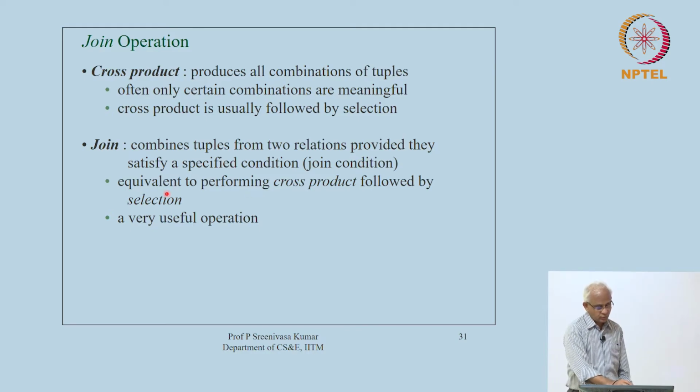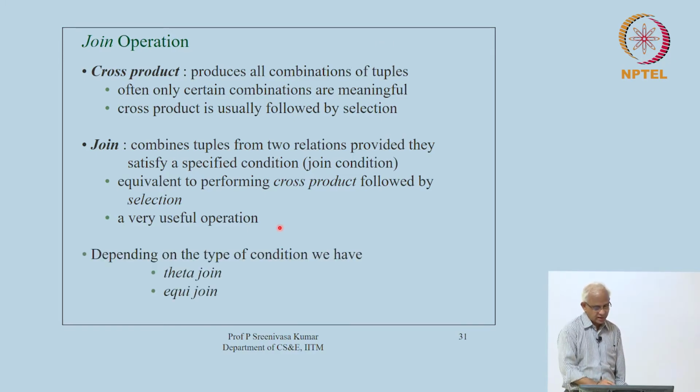So, this is equivalent to performing the cross product followed by selection, and it is a very useful operation in practice. Depending on the type of the condition that we specify, there are various kinds of joins.